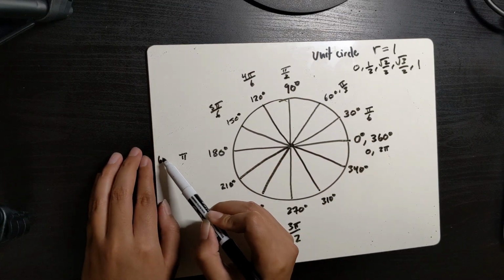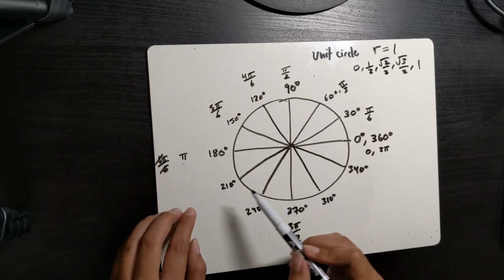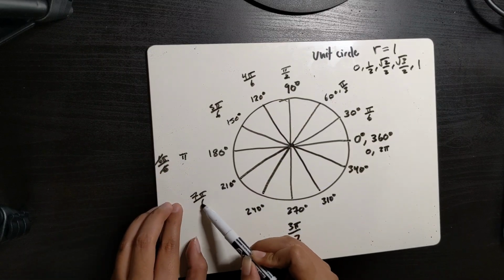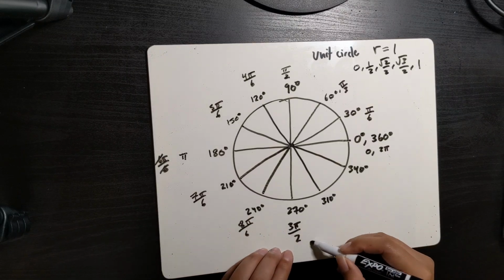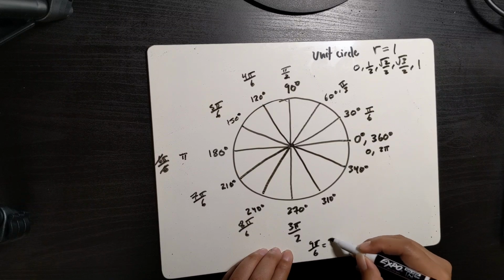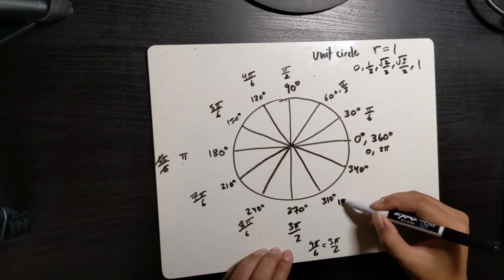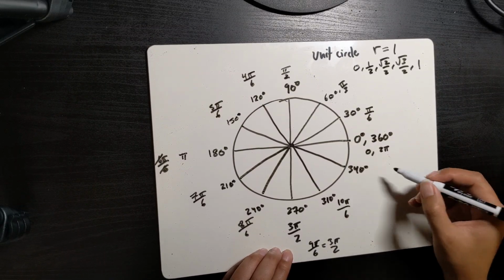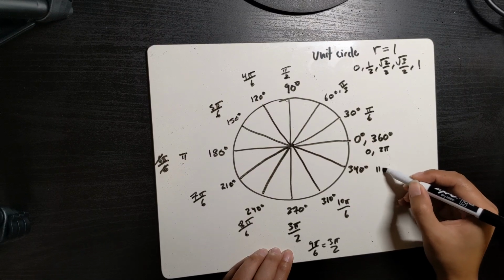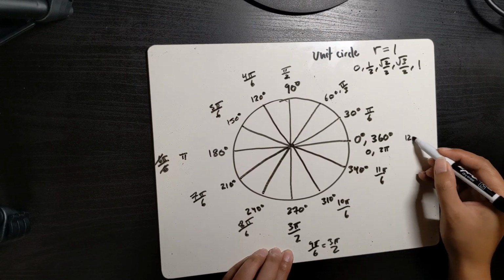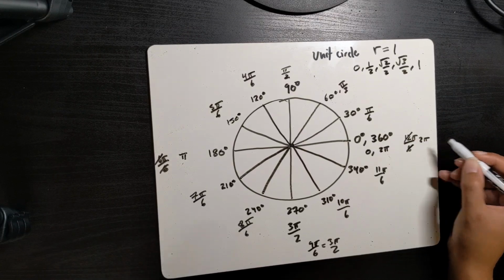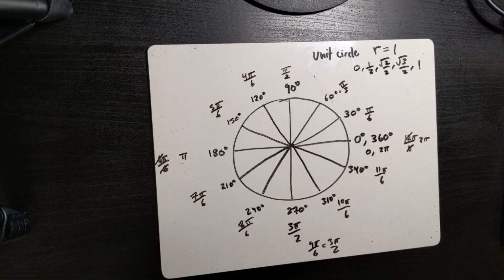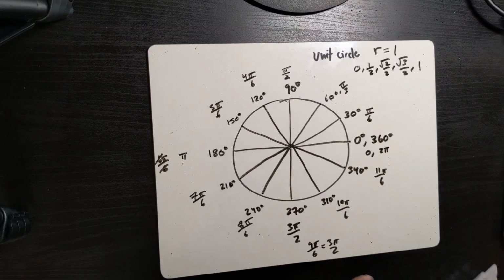This would be 6 pi over 6, which is pi. 7 pi over 6. 8 pi over 6. 9 pi over 6 simplifies to 3 pi over 2. 10 pi over 6. 11 pi over 6. 12 pi over 6, which becomes 2 pi, right?